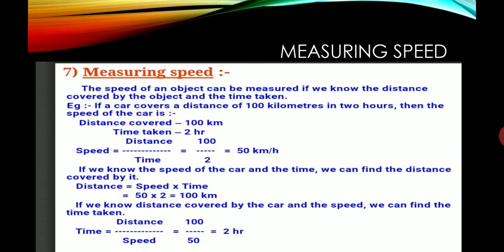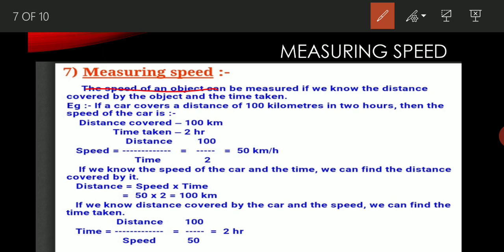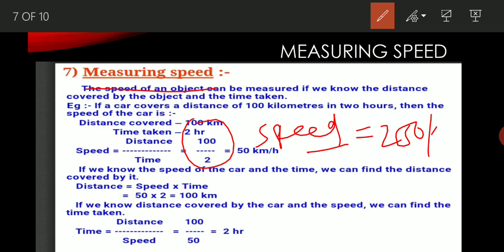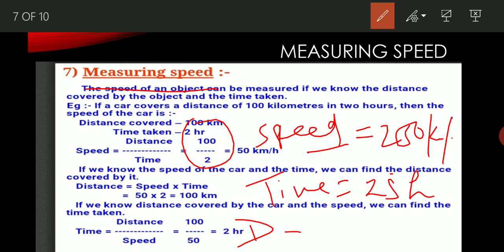One more thing I want to tell you: when you are going to calculate the speed, sometimes the question asks for the speed, and sometimes speed is already given in the question. Suppose speed is given as 250 kilometer per hour and time is also given, that is 25 hours, and it is asking about distance.